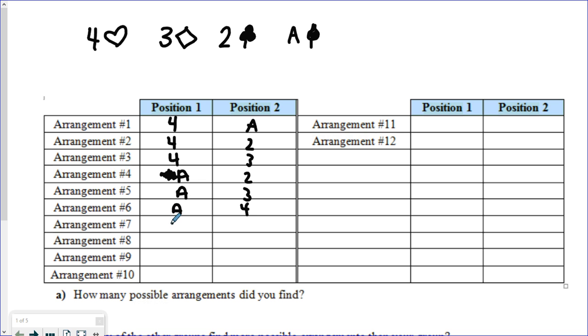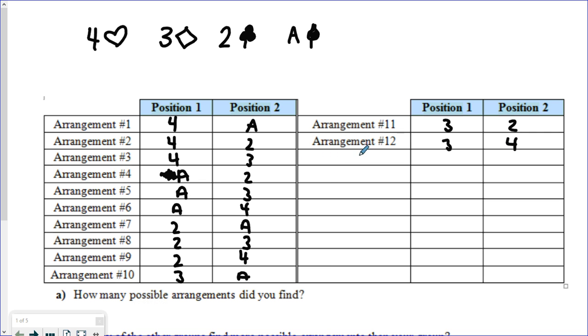If I put my 2 in the first position, I could have my ace in the second position. If I put my 2 in the first position, have my 3. It kind of gave you a hint that there might be 12 arrangements.